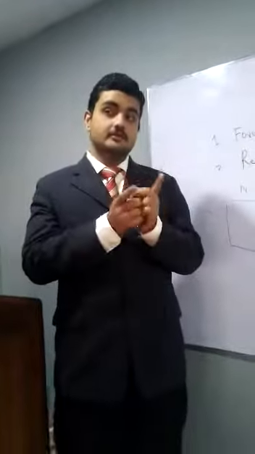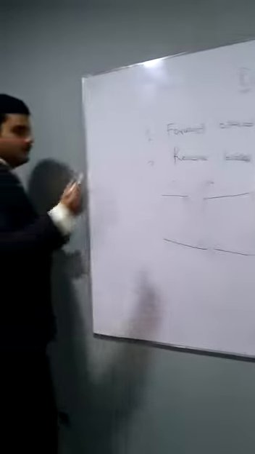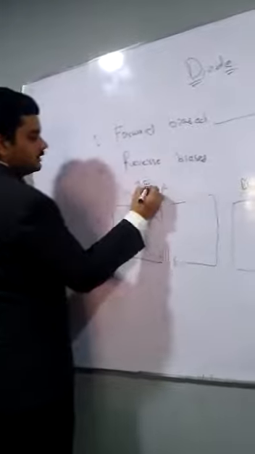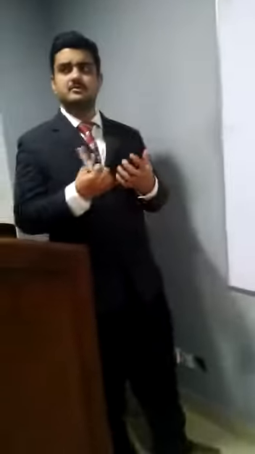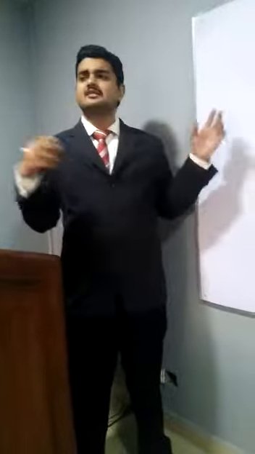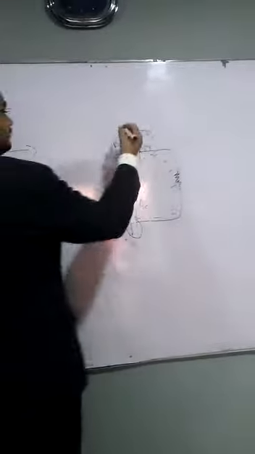The potential barrier for silicon is 0.7. But if we connect it in the reverse bias direction, that potential barrier increases so much that no electric current will pass through it. While in the forward bias direction, there is a current passing through the diode, right?